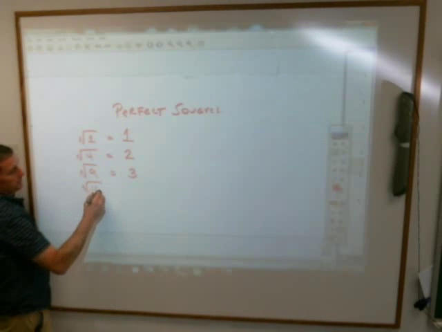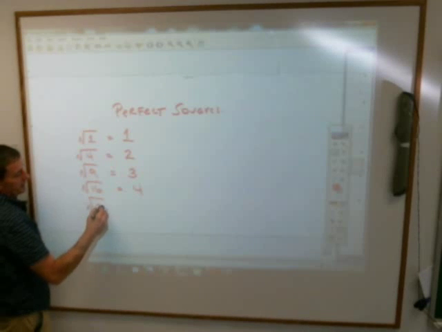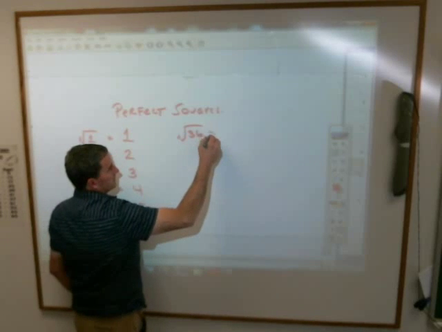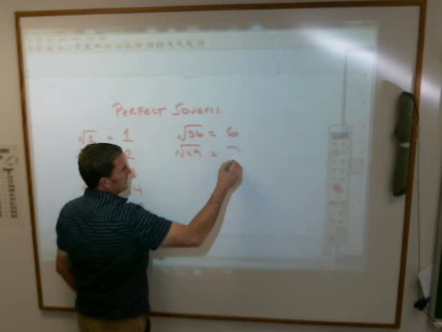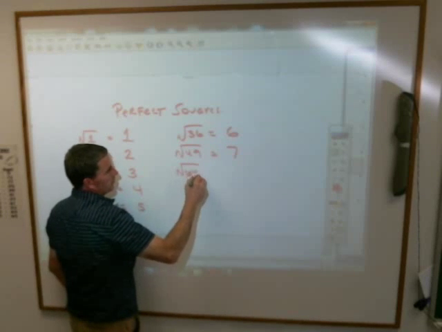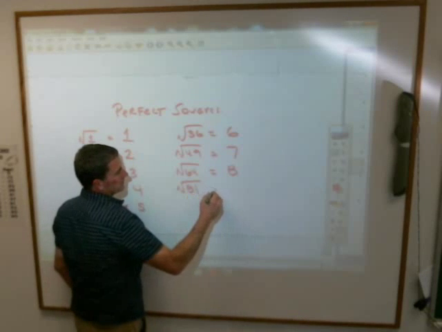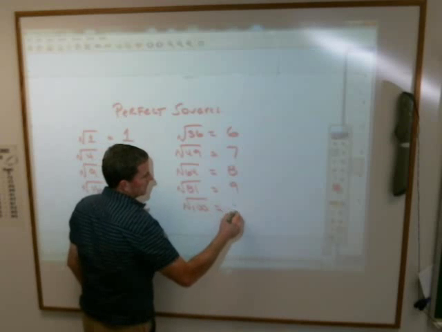The square root of 16 is 4. The square root of 25 is 5. The square root of 36 is 6. The square root of 49 is 7. The square root of 64 is 8. The square root of 81 is 9. And the square root of 100 is 10.